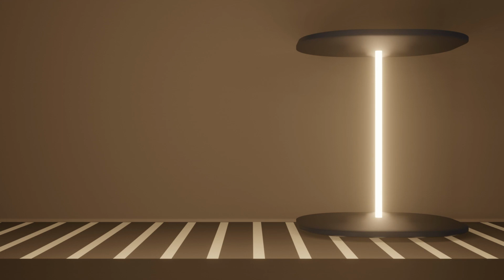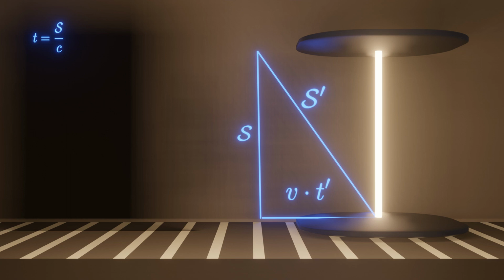And if the speed is the same and the lengths of the paths are different, then we can only conclude that the times t and t prime have to be different. Now let us, in this system of reference, determine the time t prime required for light to pass from top to bottom.